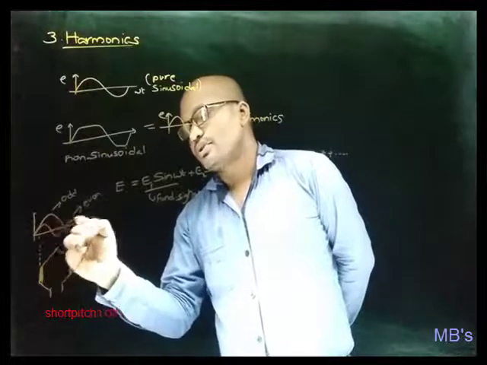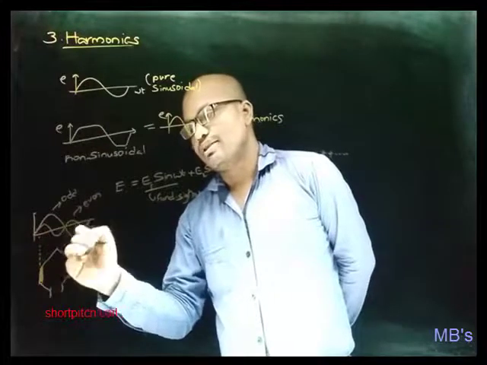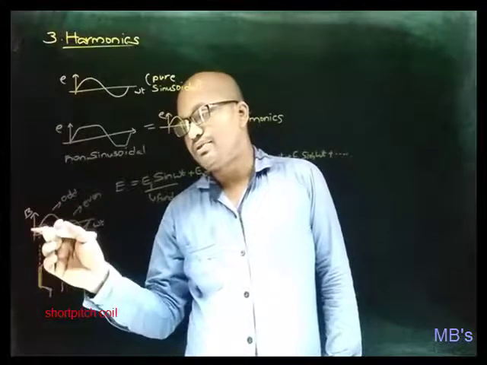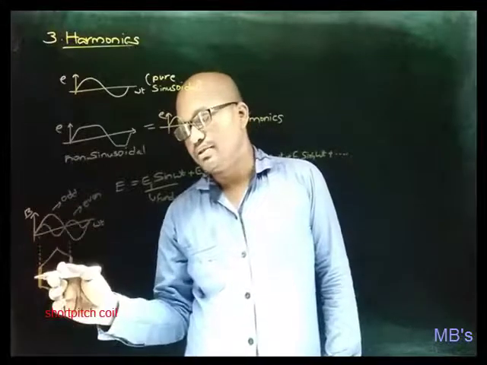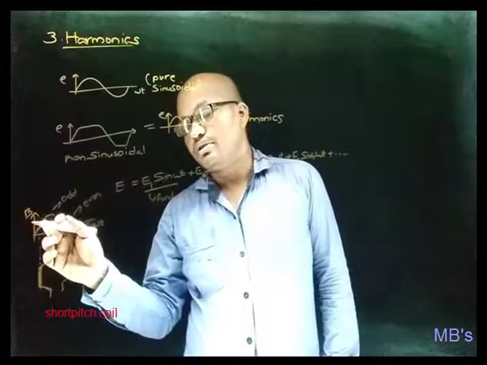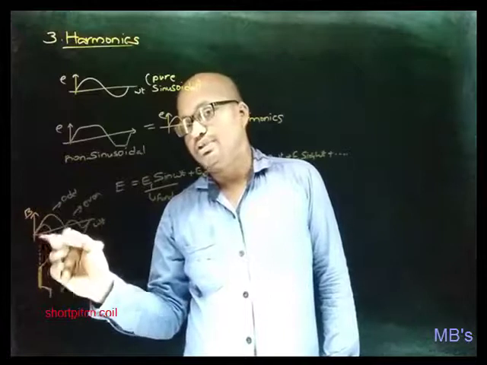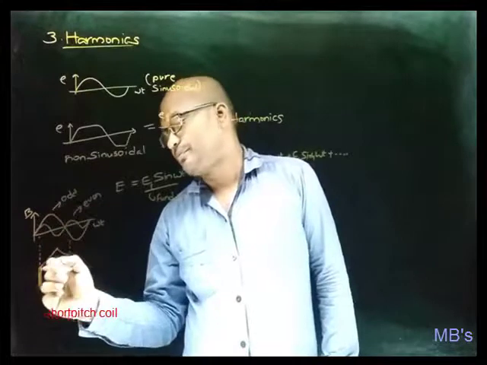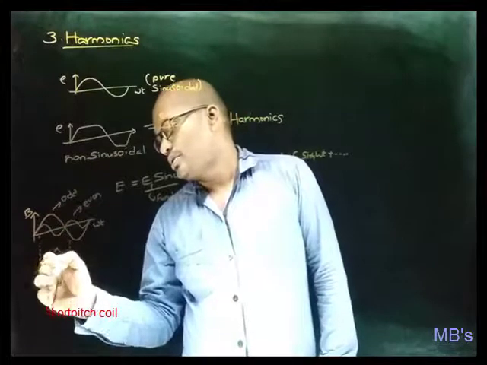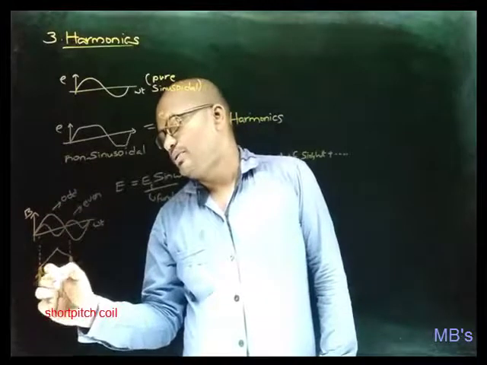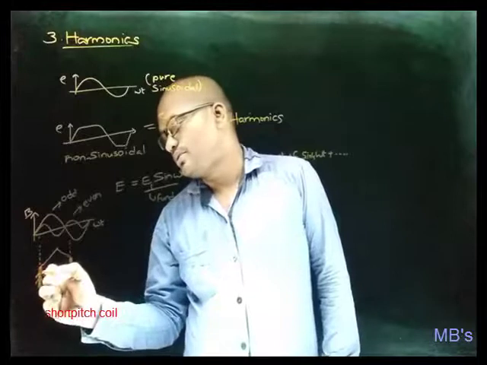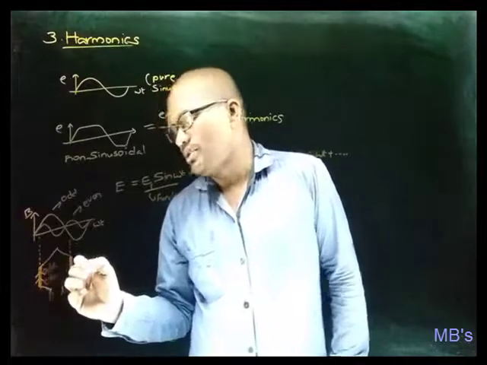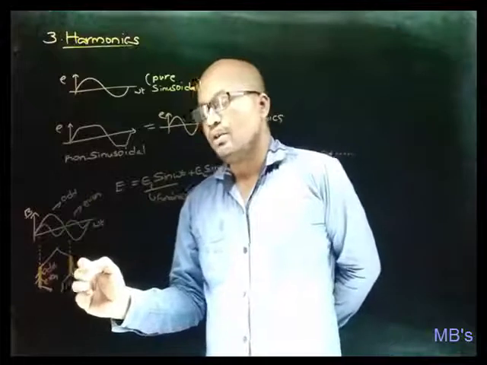Let us suppose this to be the positive side and this to be the negative side. As the conductor is under the influence of odd and even harmonics, and these harmonics are on the positive side, the direction of induced EMFs because of odd and even harmonics will be in the same direction. Let us suppose because of the positive side, the EMF induced will be in the upward direction. So this is due to odd and this is due to even. Now consider the other conductor of the same coil.